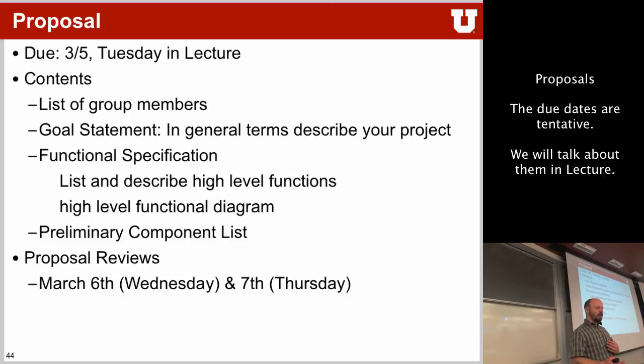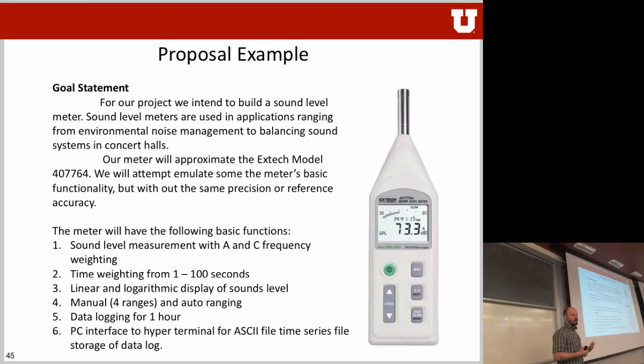For the proposal, I will give you a booklet later on about what I want in this proposal itself, but this can be, for example, a good proposal example where you have the goal, your statement. For example, this would be a sound meter. What do you have to do for this particular sound meter?